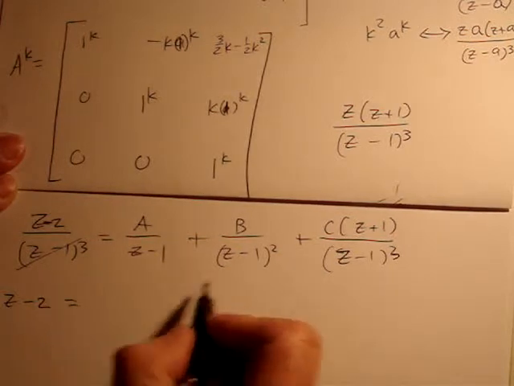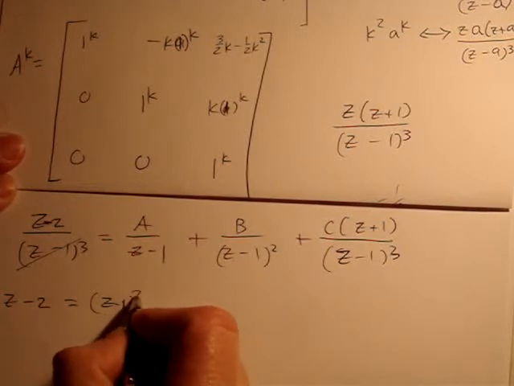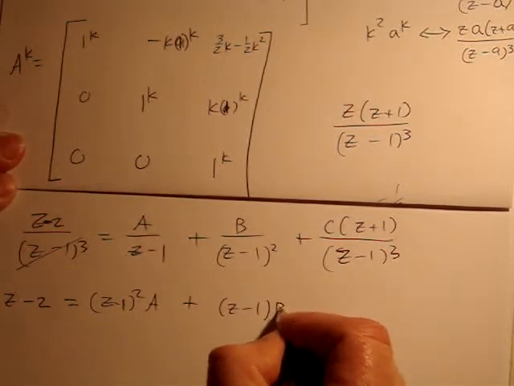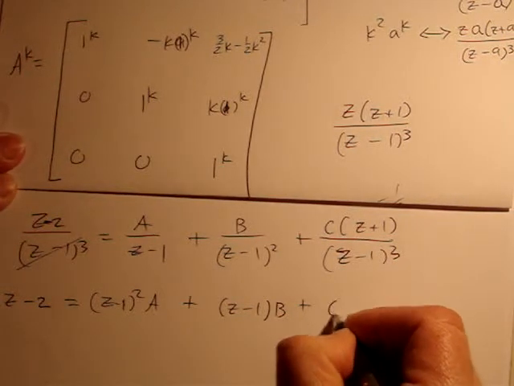The A term gets a Z minus 1 squared. The B term has just one Z minus 1. And the C term, they all go away, but then we have the Z plus 1.